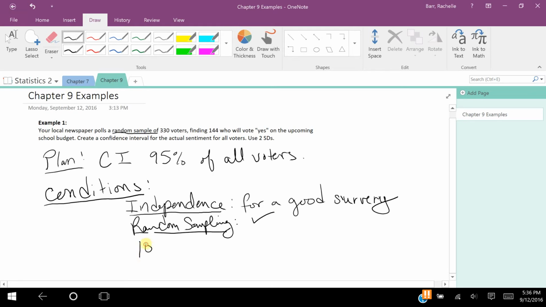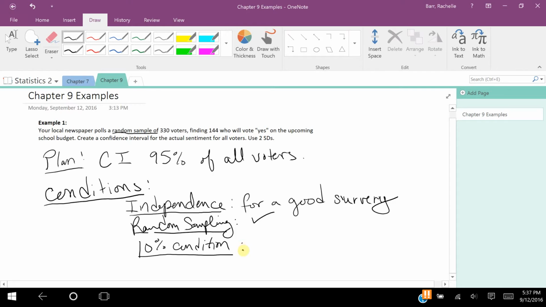Moving on to our 10% condition, wherein you have to ask yourself, is it probable that 330 is more than 10% of the eligible voters in the population?